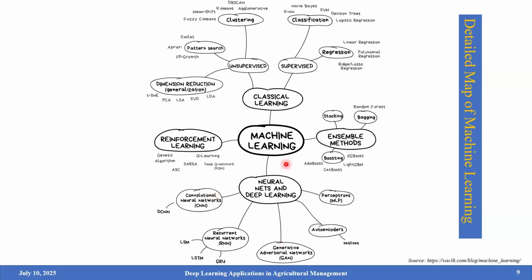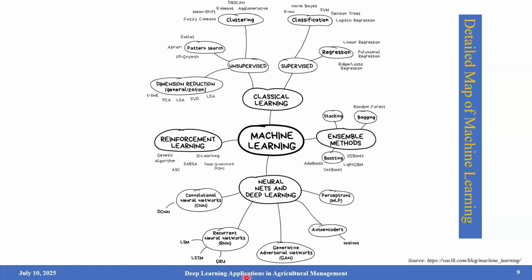But what I would be focusing on in today's presentation would be neural nets and deep learning. And within this, we can talk about convolution neural networks, and again, deep convolution neural networks. We can talk about perceptron, that's a basic neural network concept. Then we can have autoencoders. I'll briefly talk about them.